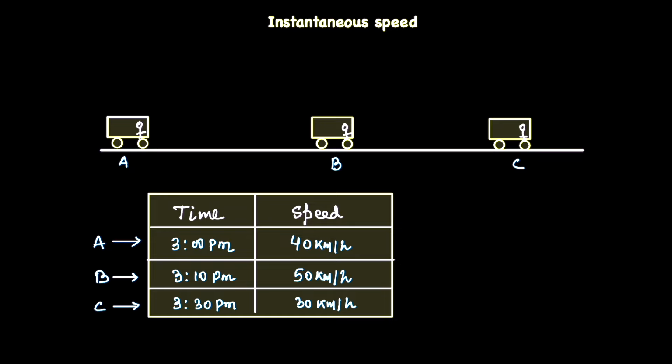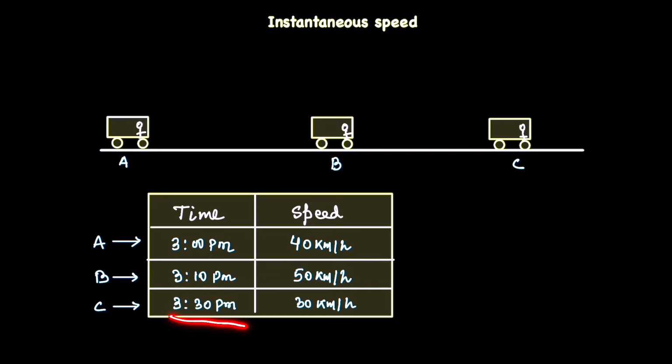So you see, at a specific time there is a specific speed of the car. Means at 3 p.m. the speed of the car was 40 kilometer per hour. You are talking about a specific time. This is not an average speed. It is the speed of a car at a particular instant of time. If we go to 3:10 p.m., it becomes 50 kilometer per hour.